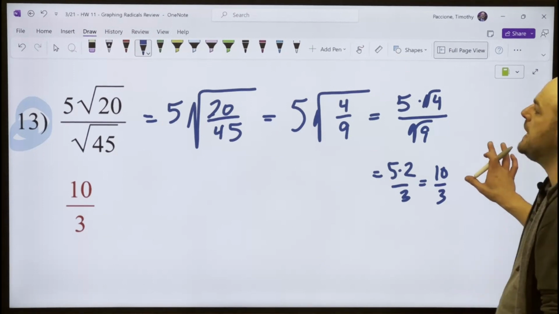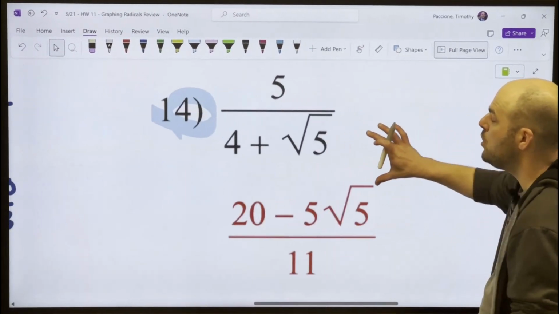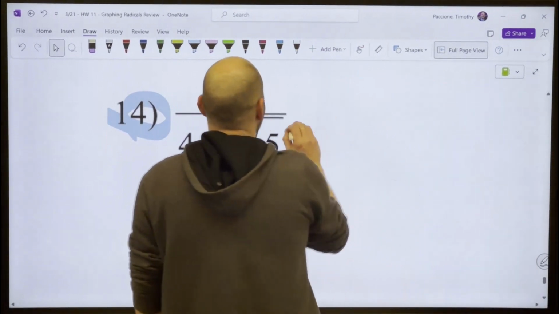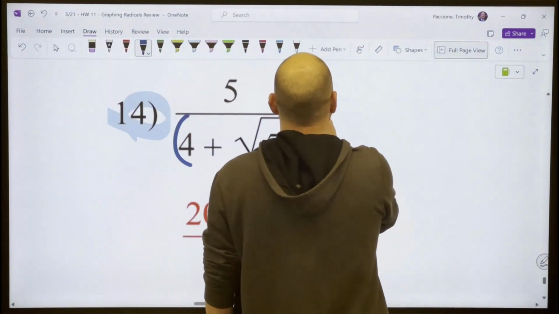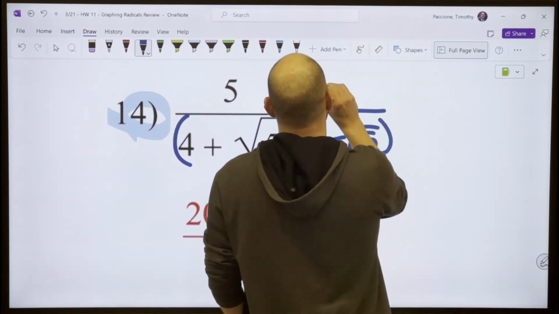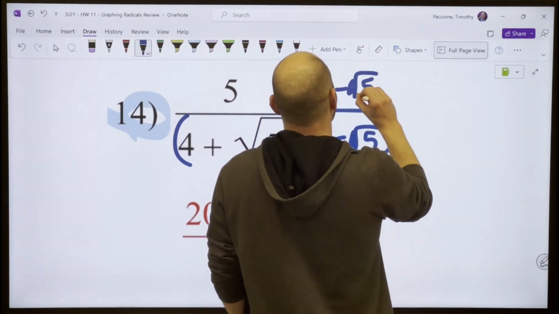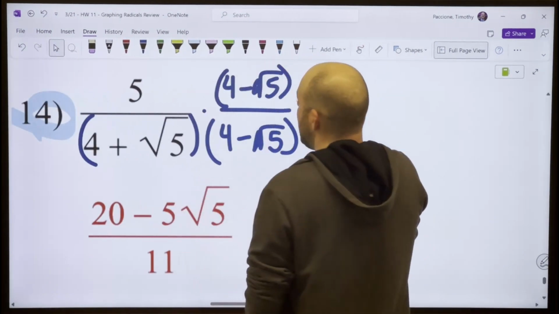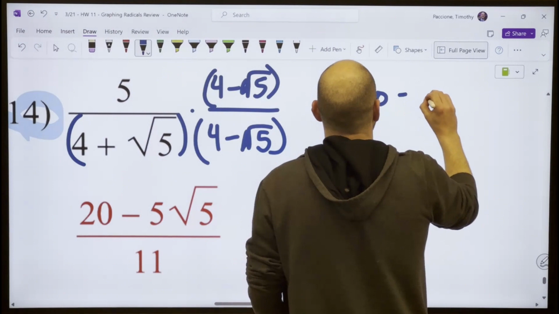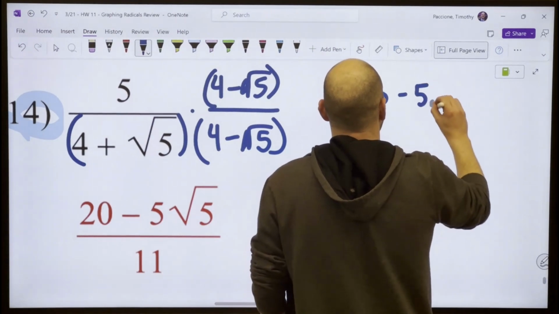Okay, last one. This is where you would multiply by that conjugate pair and do the FL, right? Because you would multiply this by 4 minus square root of 5 and 4 minus square root of 5. On the top, you would distribute, you'd get 20 minus 5 square root of 5.